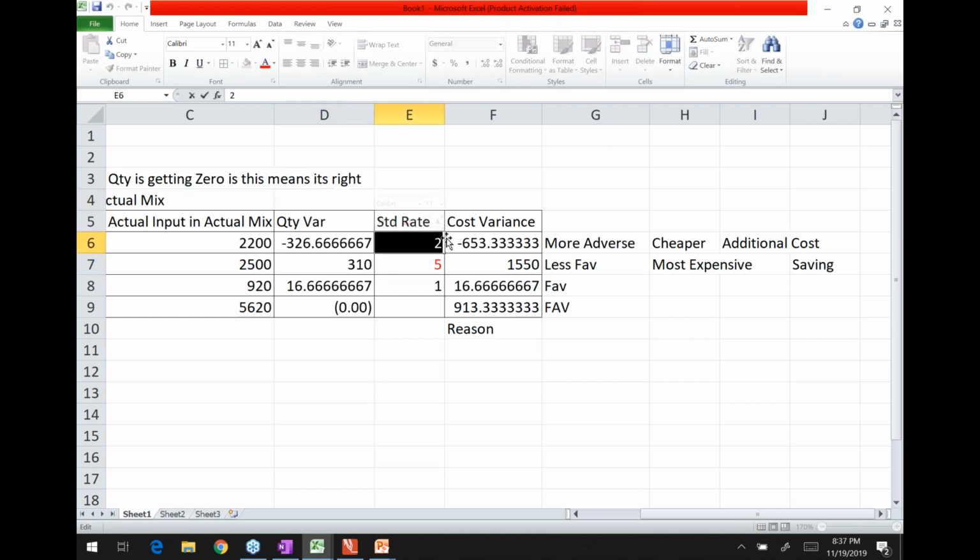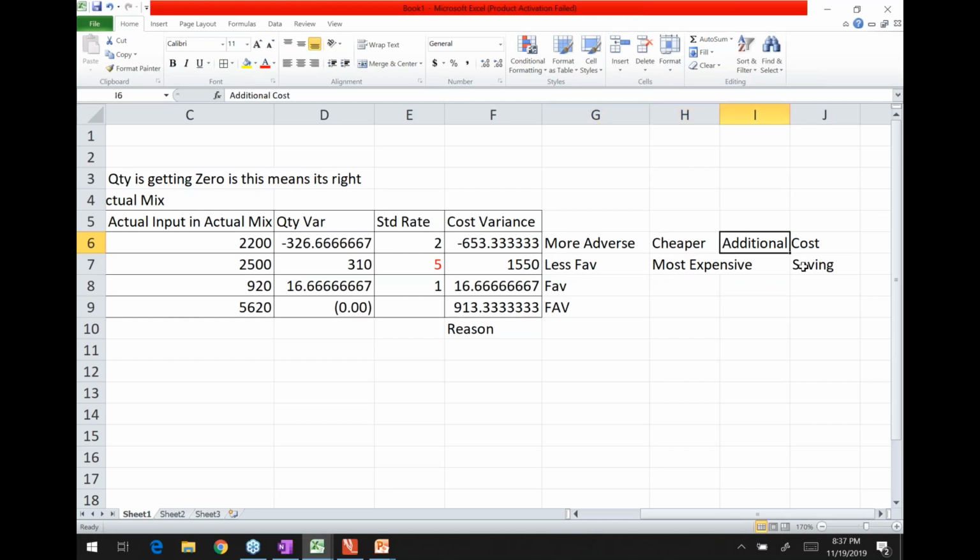Okay, so it's simple and very obvious that when expensive material has been used less, that results in a saving of a greater amount, whereas the cheaper material has been used more, that results in additional cost.